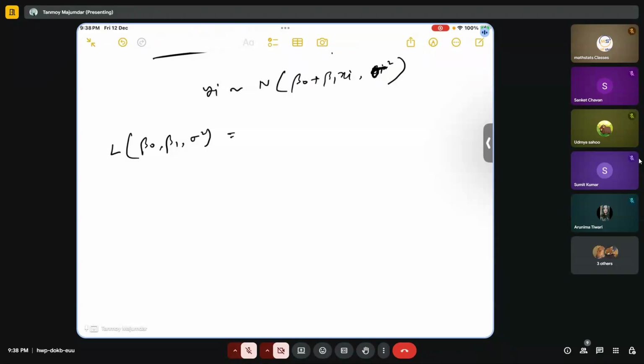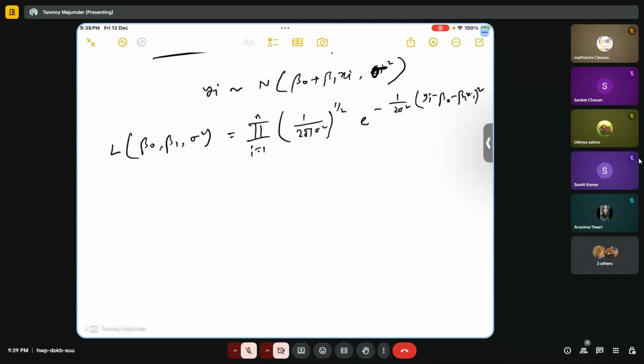So that is equal to the product over i equals 1 to n of 1 by 2 pi sigma square to the power half, e to the power minus 1 by 2 sigma square, times x minus mu square. So we can write (yi minus beta naught minus beta 1 xi) the whole square.